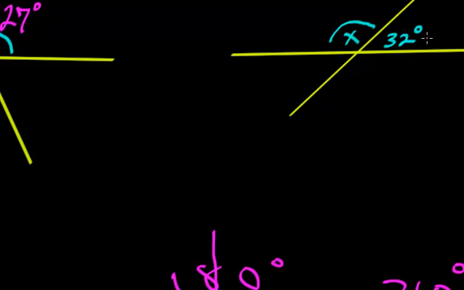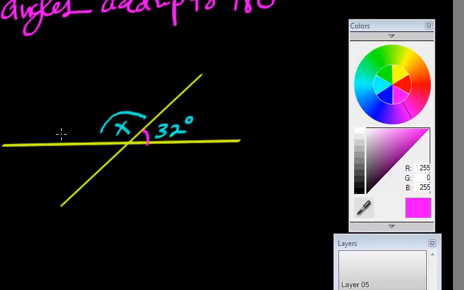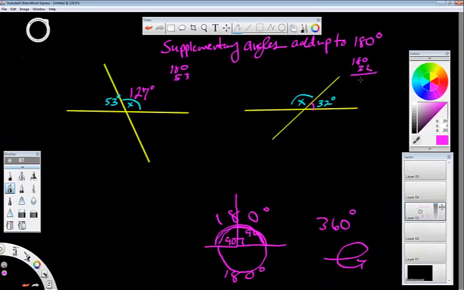Here it is again. Here's a 32 degree angle, that little one there. And so what's that going to be? Well, that's, again, 180 minus 32. So 180 minus 32, let's see here. Don't have a calculator handy, but that looks like it's going to be 148 degrees.